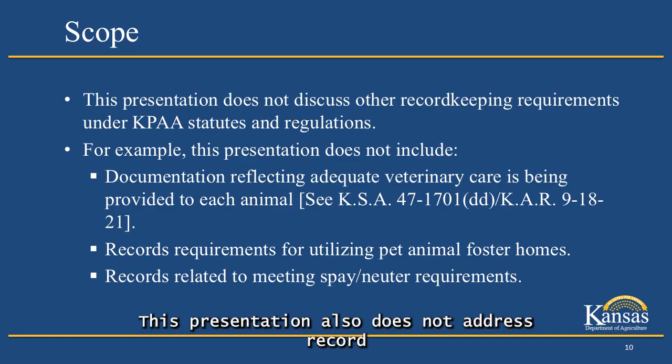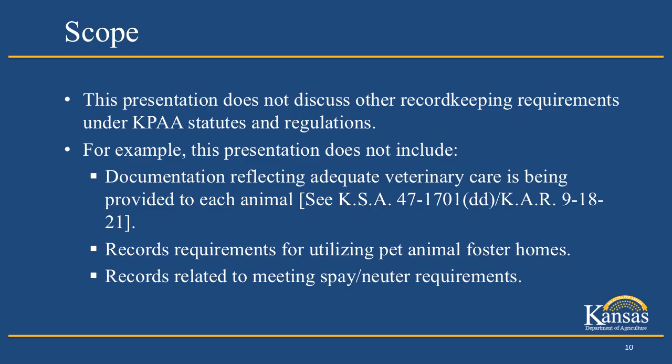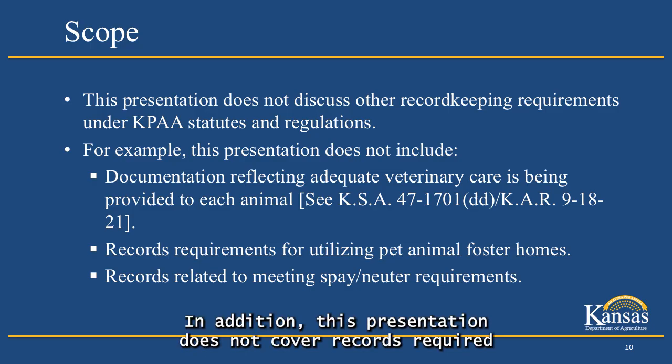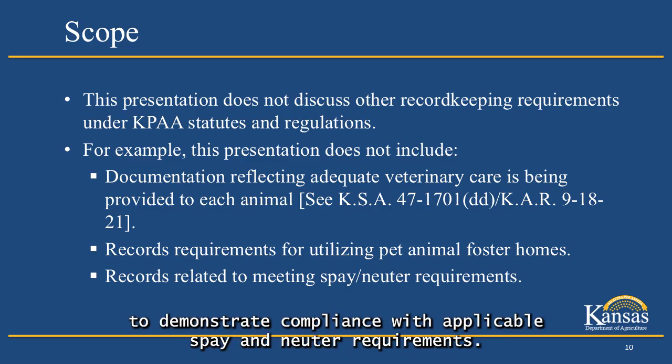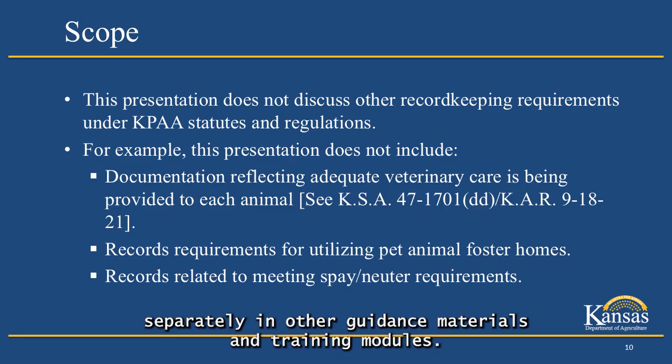This presentation also does not address record-keeping requirements related to the use of pet animal foster homes. In addition, this presentation does not cover records required to demonstrate compliance with applicable spay and neuter requirements. These topics are addressed separately in other guidance materials and training modules.